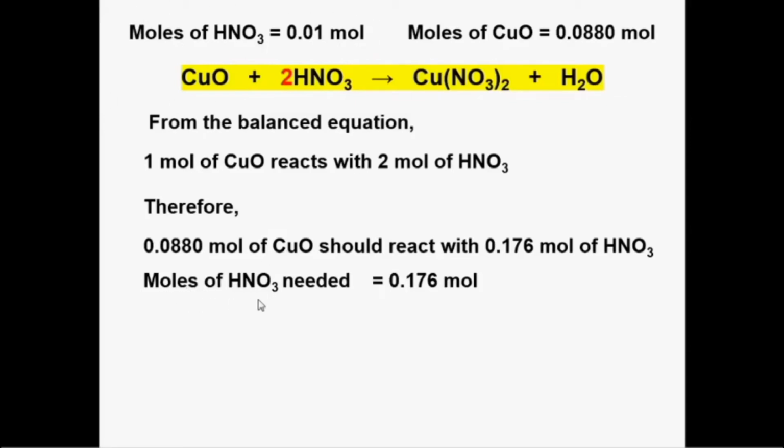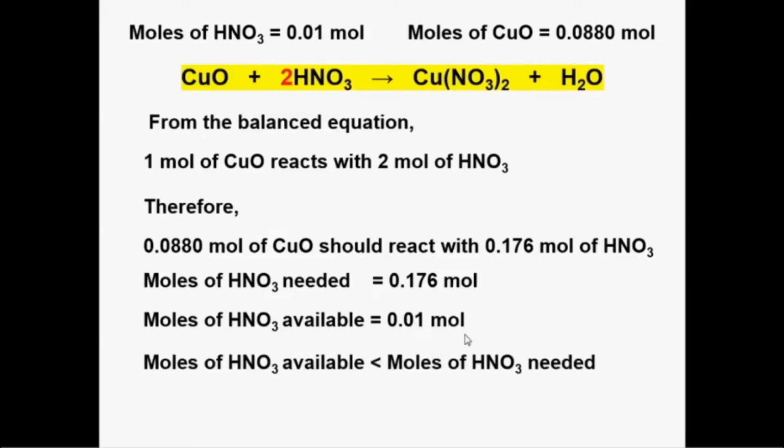The moles of nitric acid needed to react with 0.088 moles of copper 2 oxide is 0.176 mole, but the moles of nitric acid available is just 0.01 mole. So if we compare these two, the moles of nitric acid available is less than the moles of nitric acid needed.